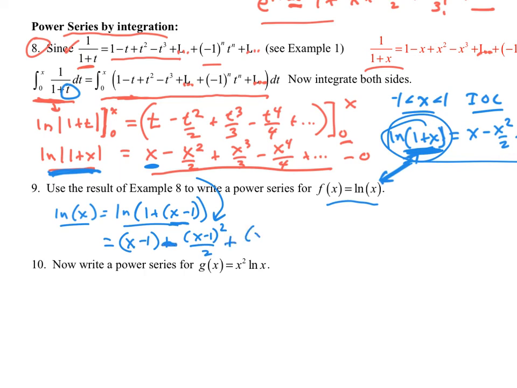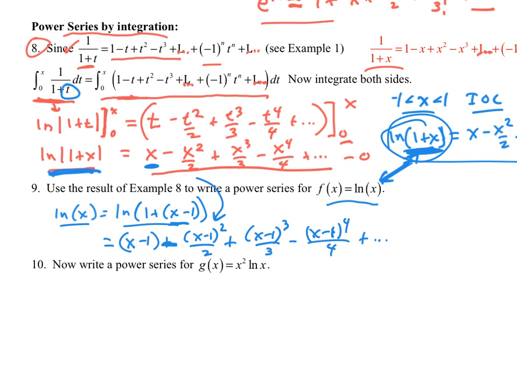And then I got a plus x minus 1 cubed, then a minus x minus 1 to the fourth, and so on. So that is a way to represent ln x. So this is a power series for ln x. Whoa! We can write it in a different form. That is amazing. That is absolutely amazing.